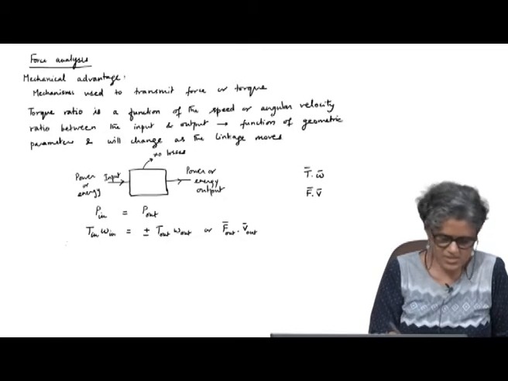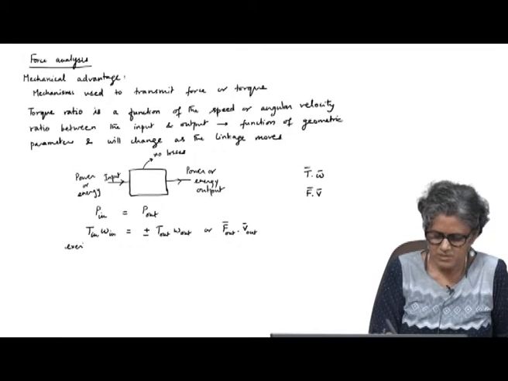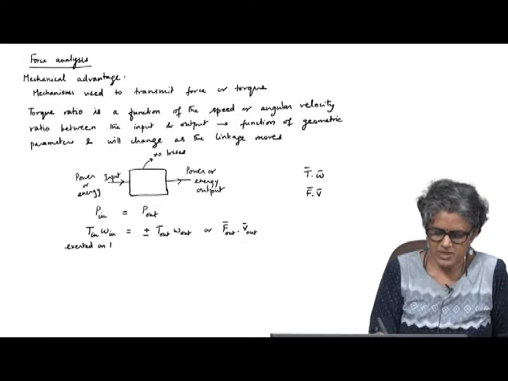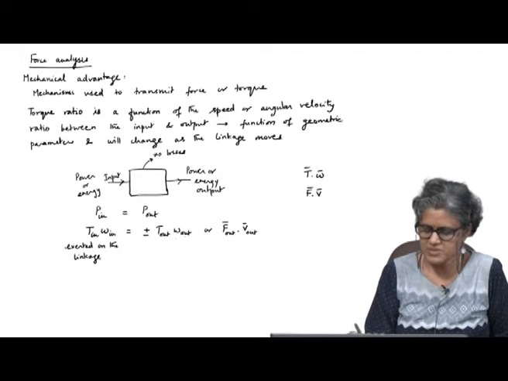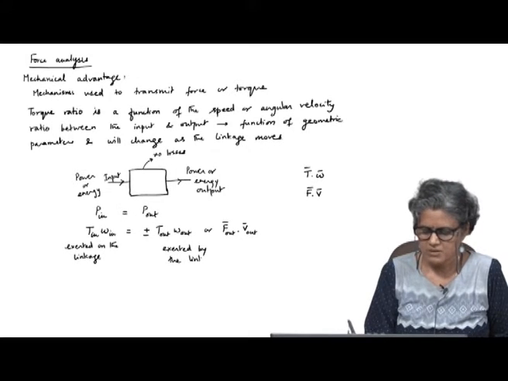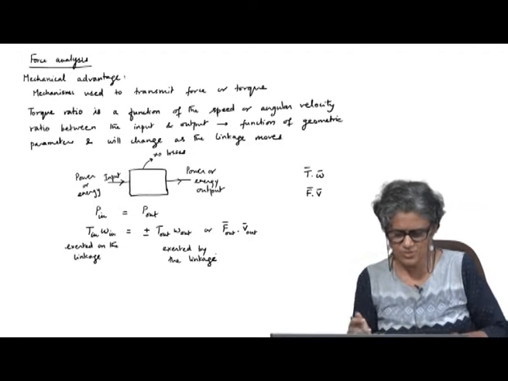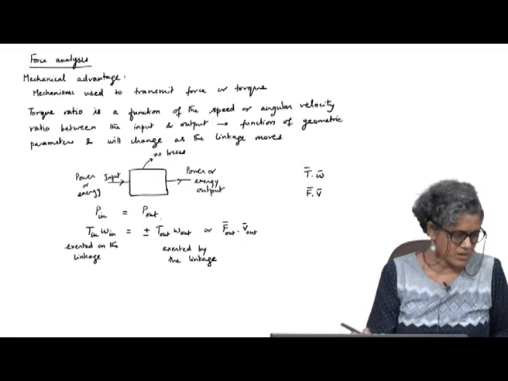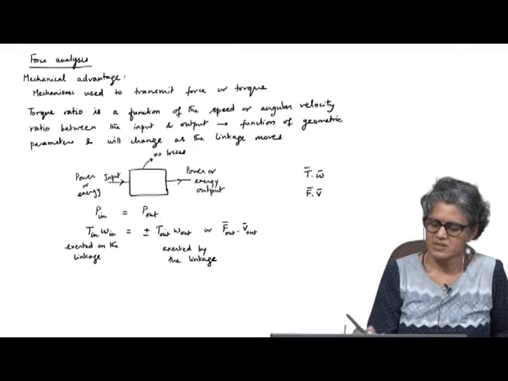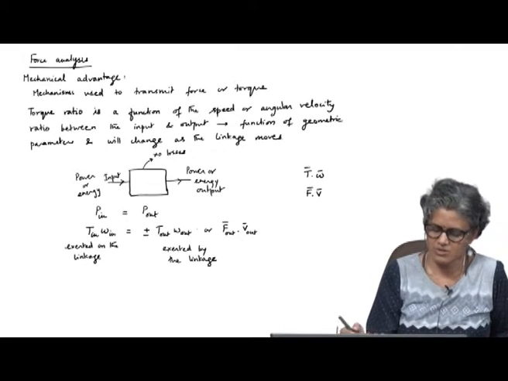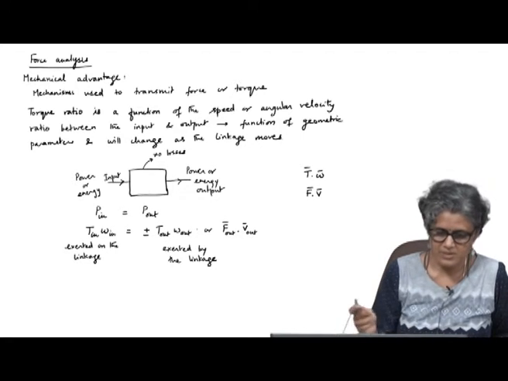Okay, so this is exerted on the linkage, and the output power is exerted by the linkage. So, you do not need the plus minus sign if it is understood that this is on the linkage and that is by the linkage.